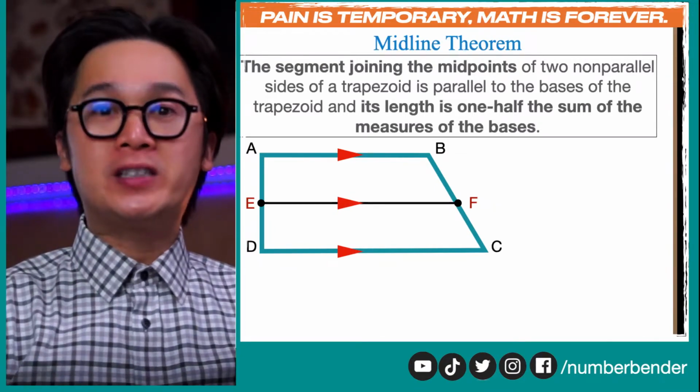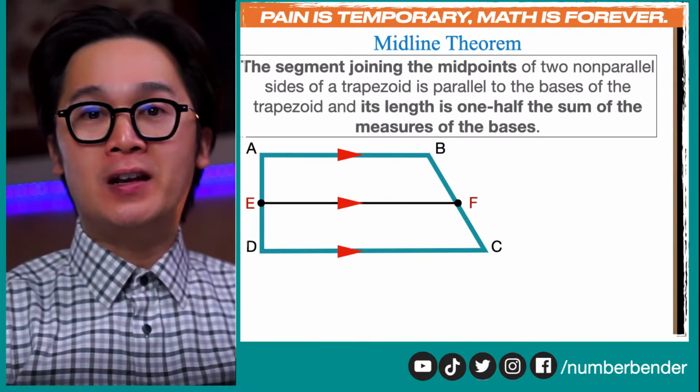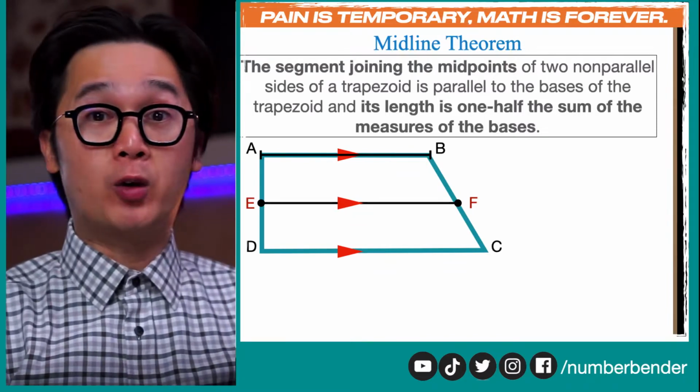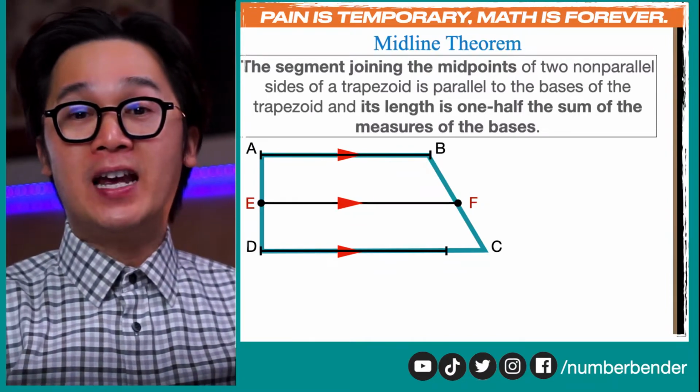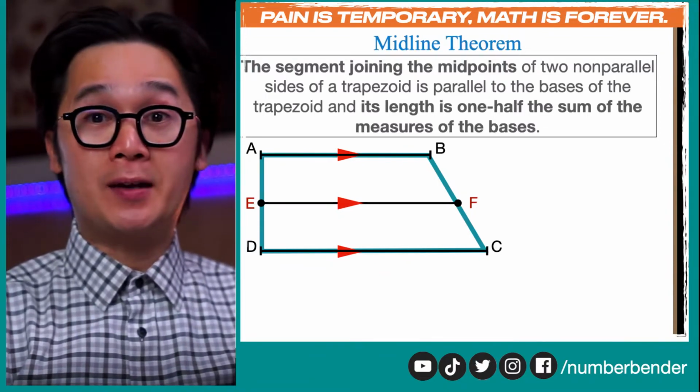So how are we going to formulate the formula using our definition? So let's find the measurement of line segment AB, which is our top base, and let's find the measurement of the bottom base, which is line segment DC.